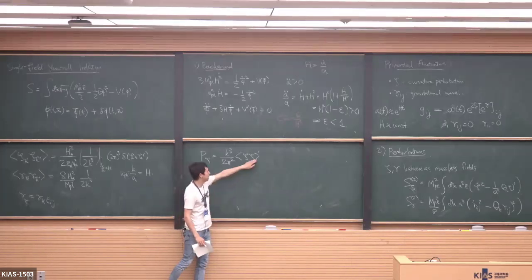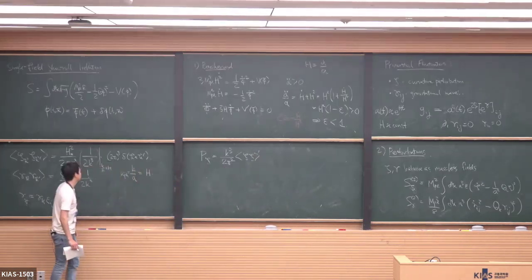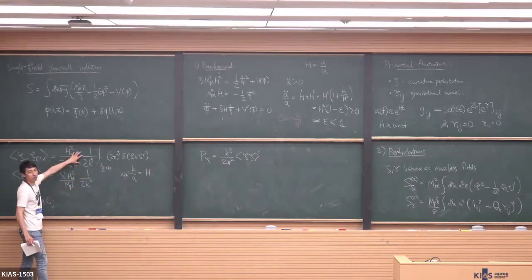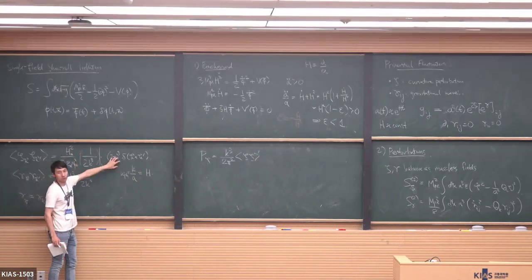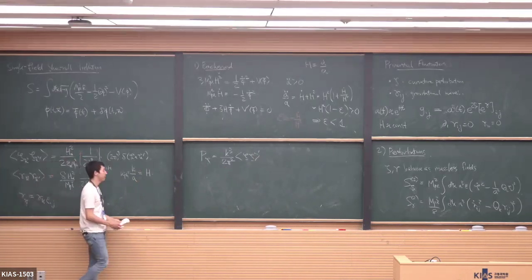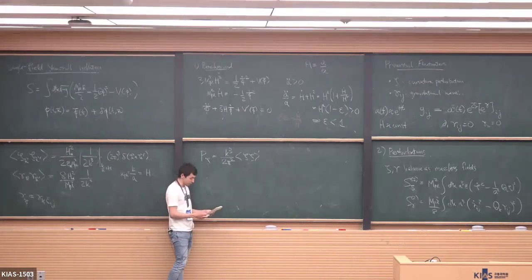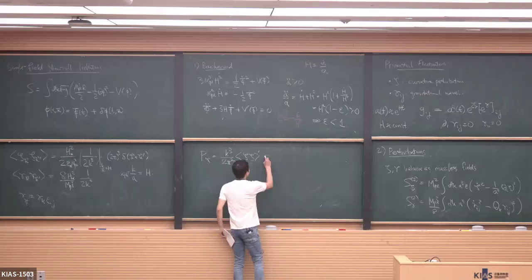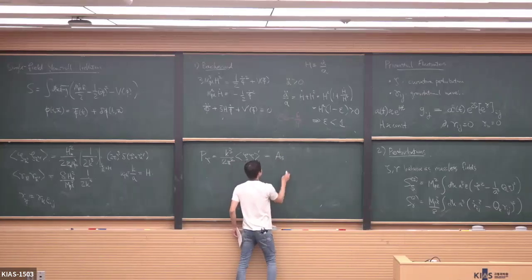And here I'm putting in the prime to just denote the part of the power spectrum without the special momentum conserving delta function. And this we can parameterize in this way.